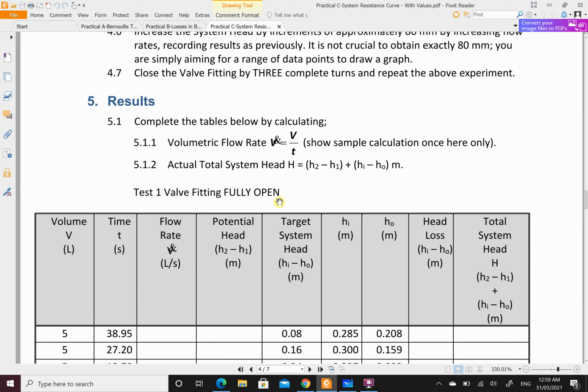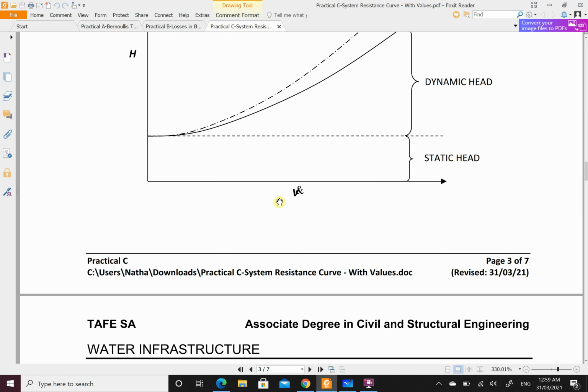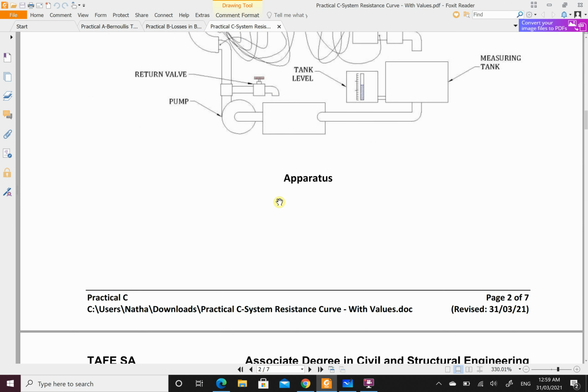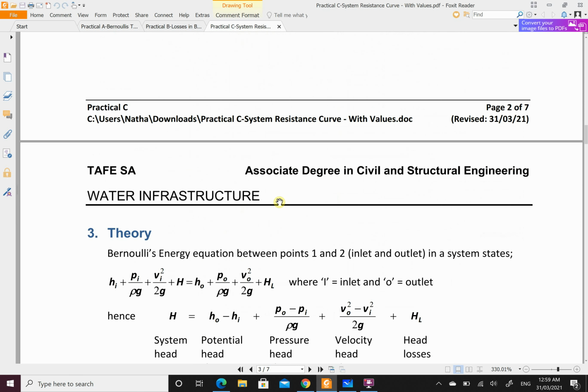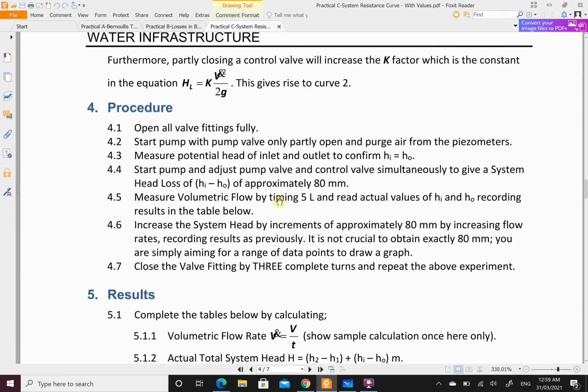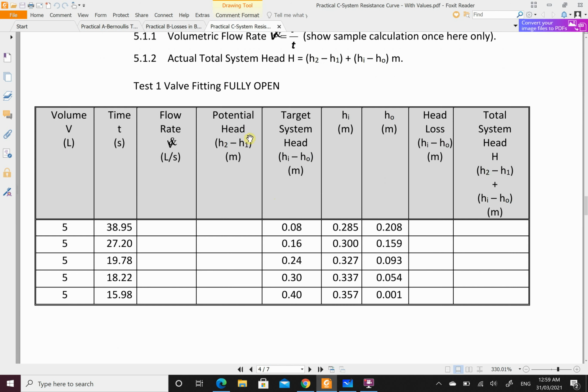My potential head, H2 take H1. This will make sense tomorrow when we go through it as well. But the elevation difference is going to be taken as 0. So potential head is 0, H2 take H1 equal to 0.